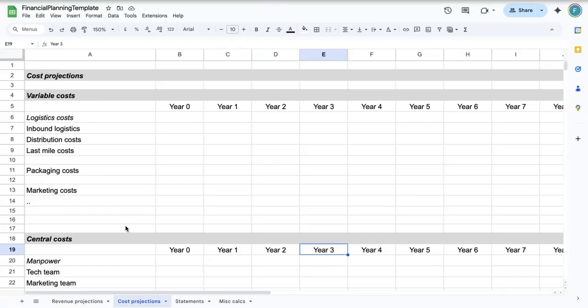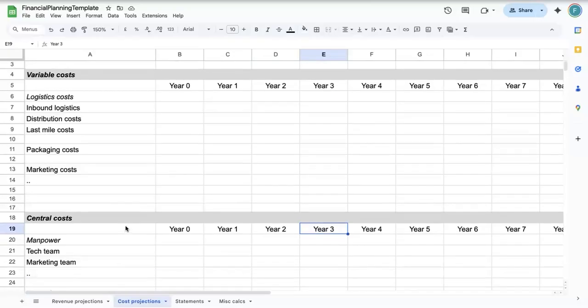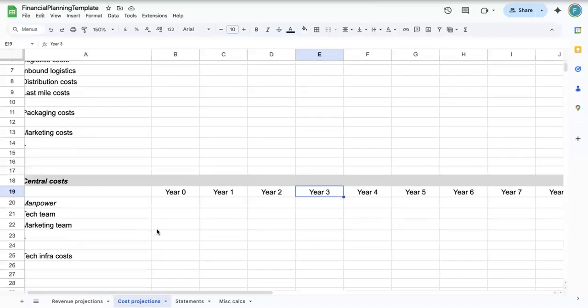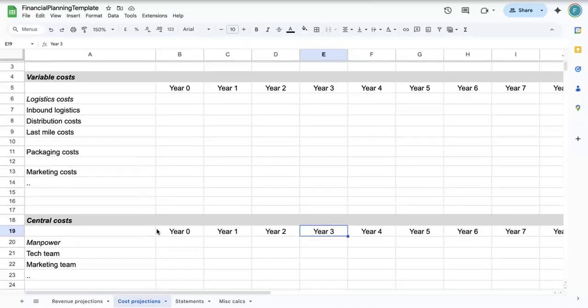Your central costs are essentially those costs which do not increase so much as your business increases. So there's a lot of advantage you get from these costs as your business grows in scale. This could be things like your central manpower, your tech infrastructure, your tech team, and so on forth.